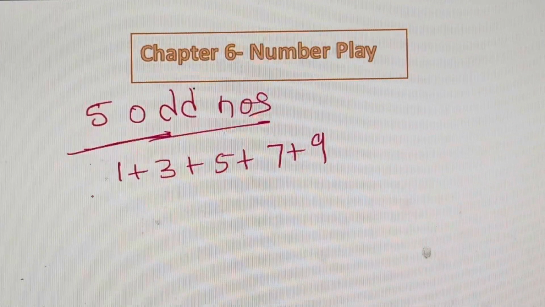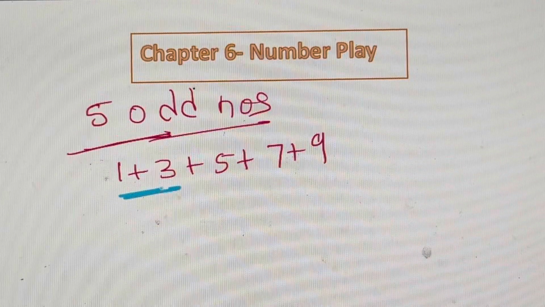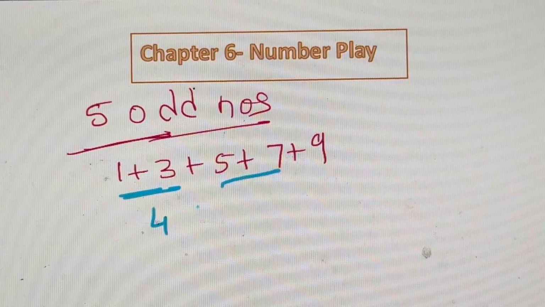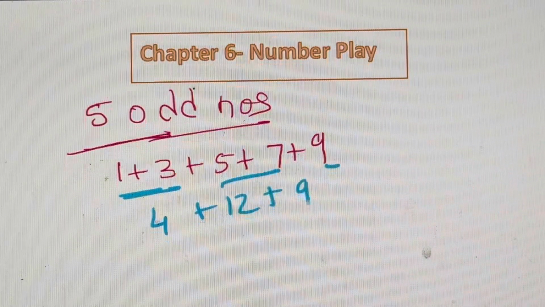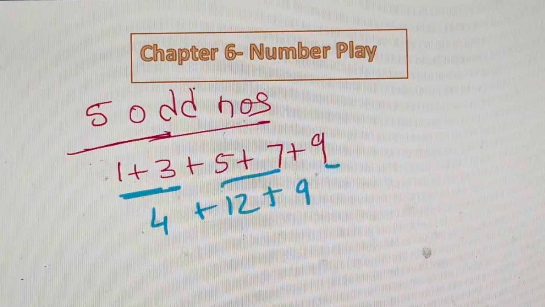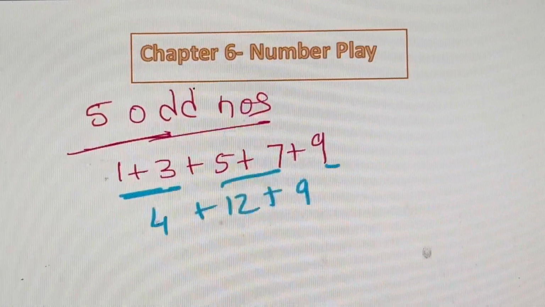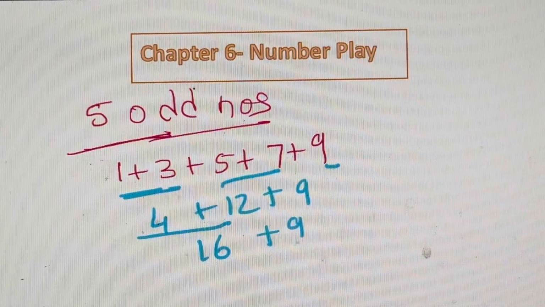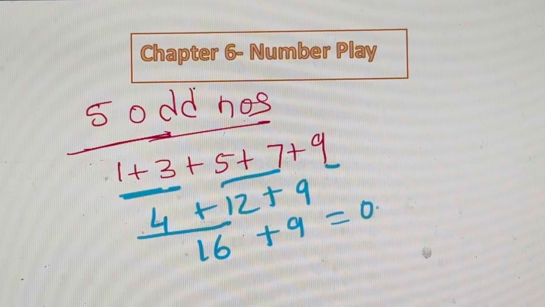Again, without dot representation, you can understand that two odd numbers will become even. So this becomes even. So this is 4 plus this is 12 plus 9 is left over. So here 9 is one less than a pair. This part becomes even, but 9 will have one dot which is left. So you will get an odd answer.